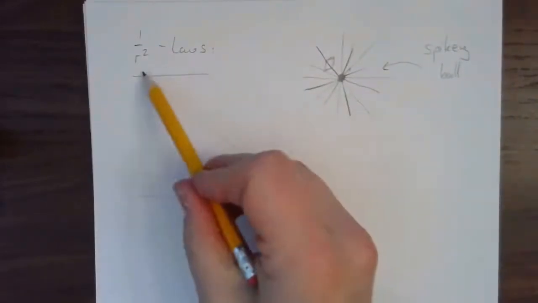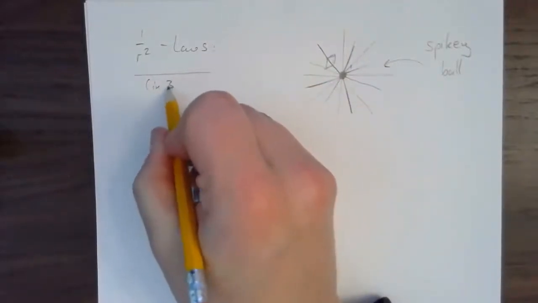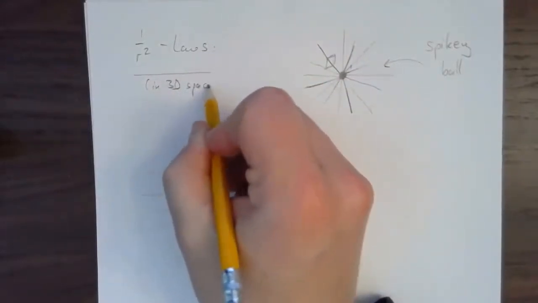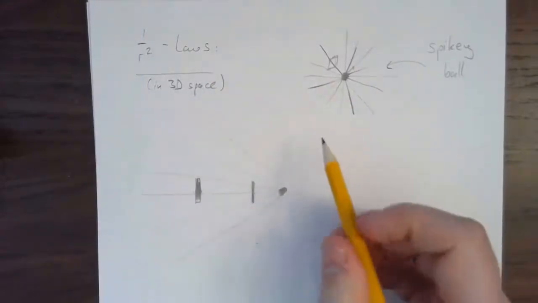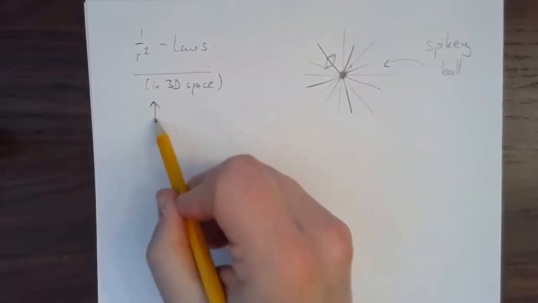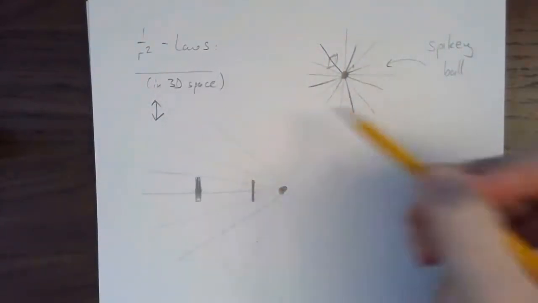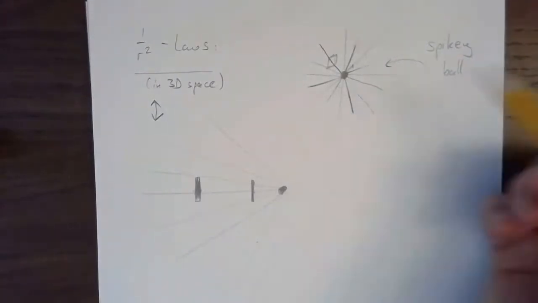So anyway, if I've got a 1 over r squared law, and this is in 3D space, that is equivalent to being able to represent my force with field lines.